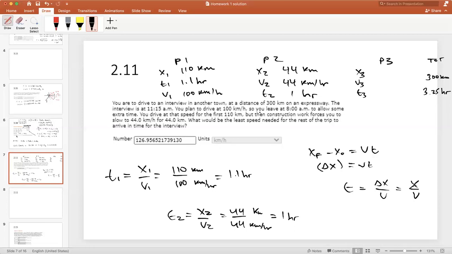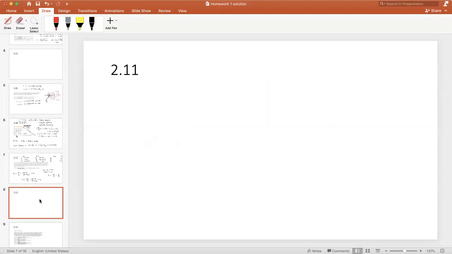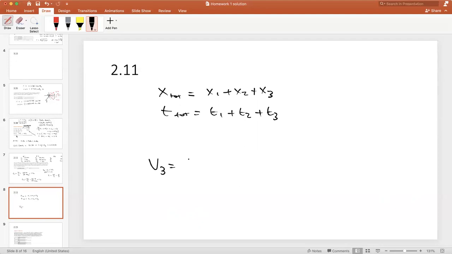And then it asks, how fast would we need to go in the third part to get there on time? So for the third part, we should note that the total x is equal to x1 plus x2 plus x3. And the total time is equal to time 1 plus time 2 plus time 3. And we want to find v3, which is x3 over t3. So solve this for x3. x3 is x total minus x1 minus x2.